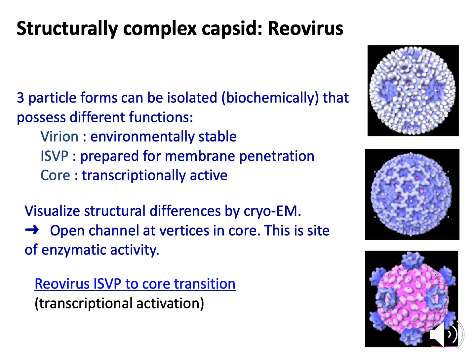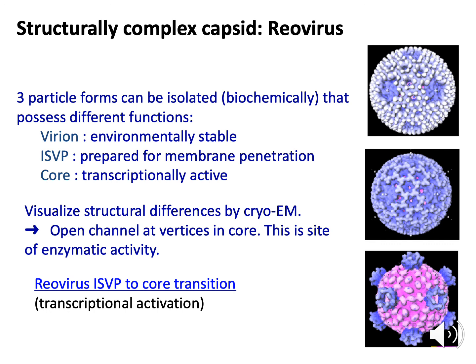The RNA-dependent RNA polymerase lies down there. And if we were together, I would do my interpretive dance of the reovirus ISVP to core transition. And if somebody asks me when we are together on Tuesday, I'll do the interpretive dance of the ISVP to core transition, but you have to ask.